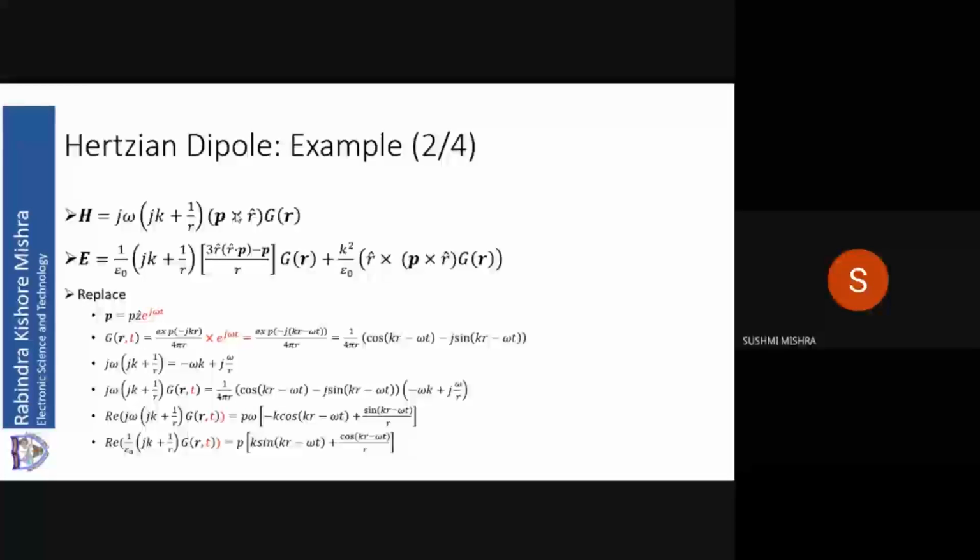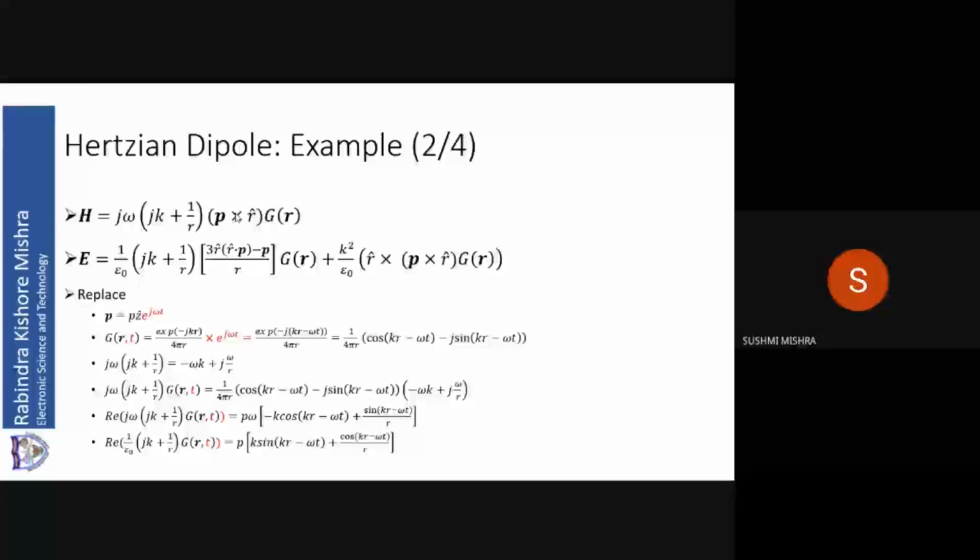Similarly, for the E, we don't have j omega, but instead of j omega, we have 1 by epsilon 0. So put 1 by epsilon 0, take the real part. That will give you P into k sin kr minus omega t plus cos kr minus omega t by r.